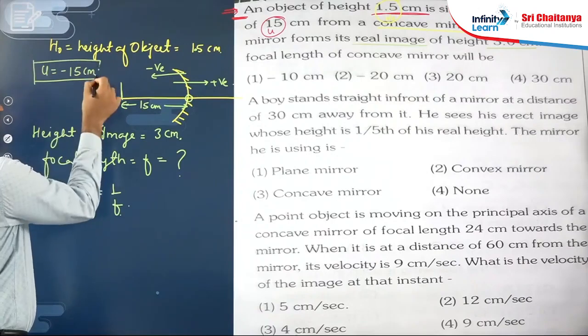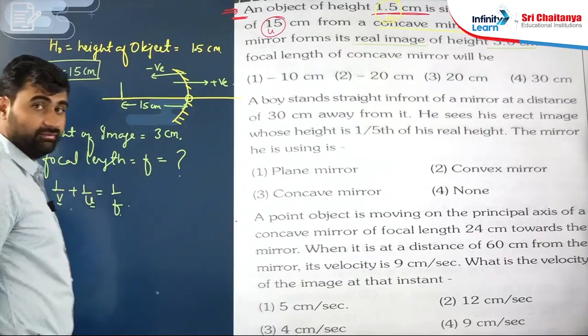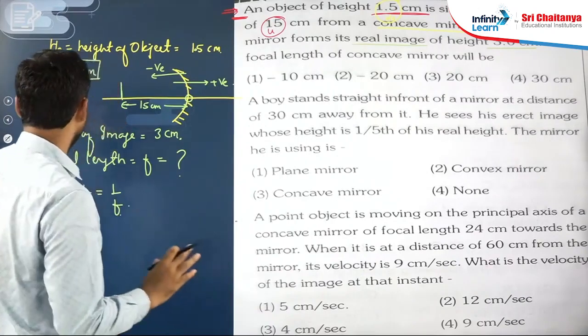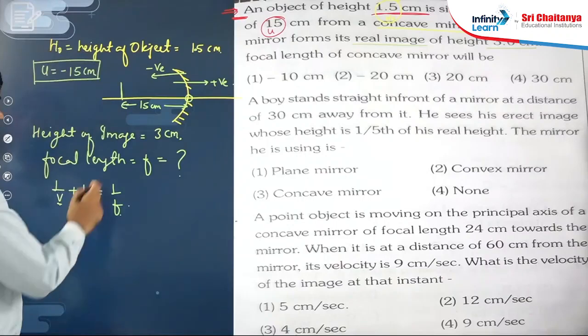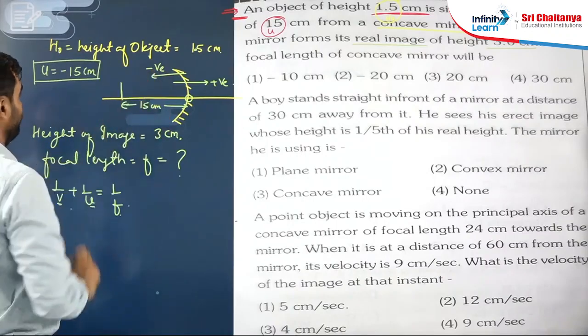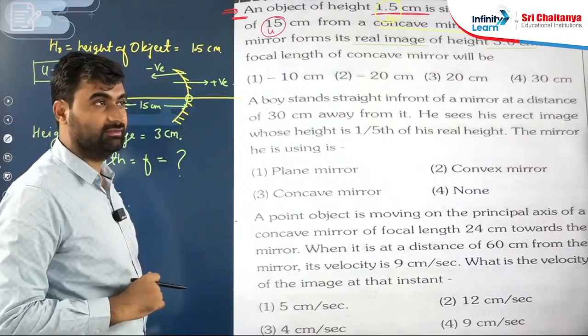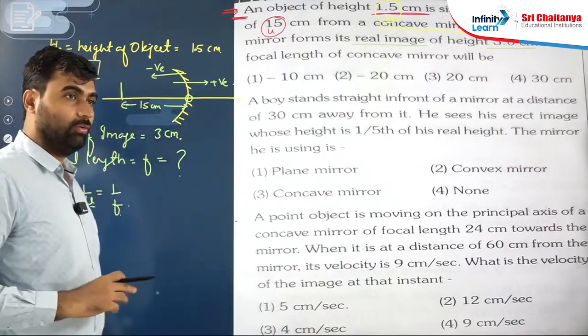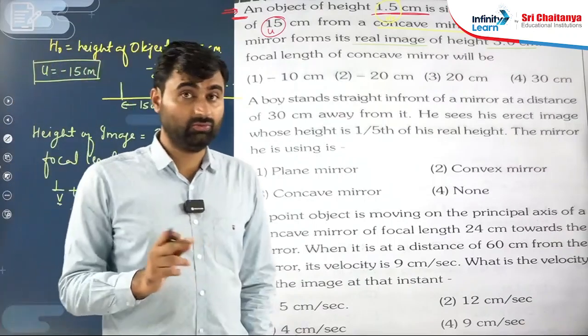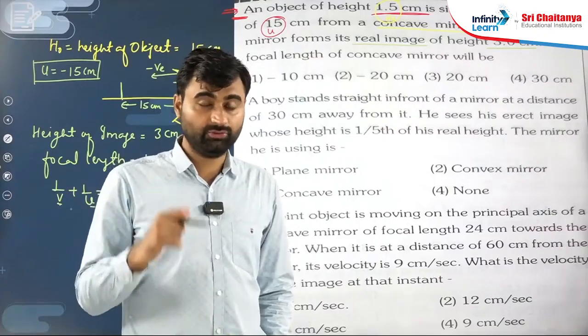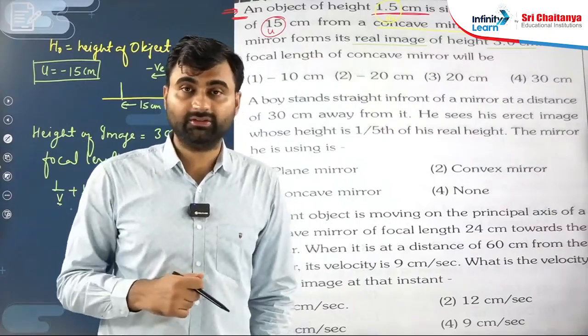What about V? Height of image given, height of object given, U given, but V not given. First we have to calculate V, then only we can calculate F.